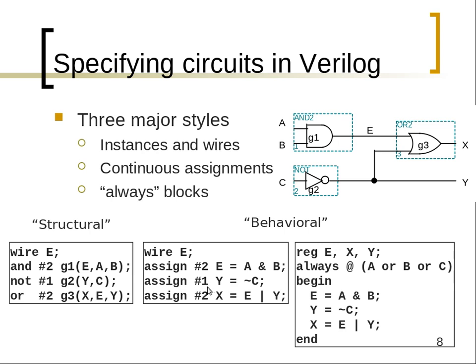Then assign Y to be not C, and assign X to be E or Y. Now, a good Verilog compiler can translate this into that. That one's not too bad.